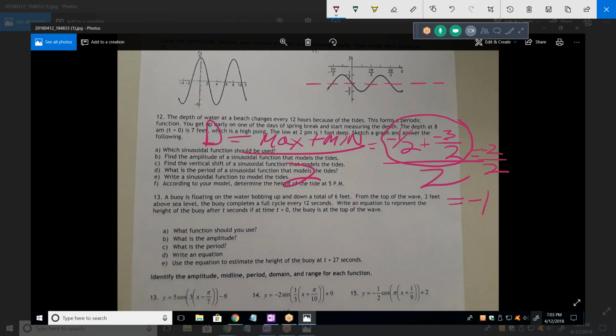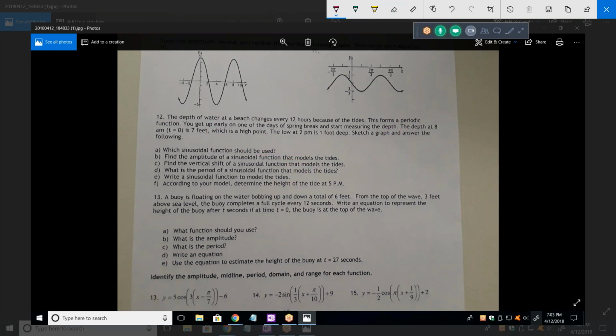And that's exactly how much we've shifted down vertically, 1 unit. That's minus 1 right there. So that's how we're going to start, with that vertical shift down. So d is minus 1.